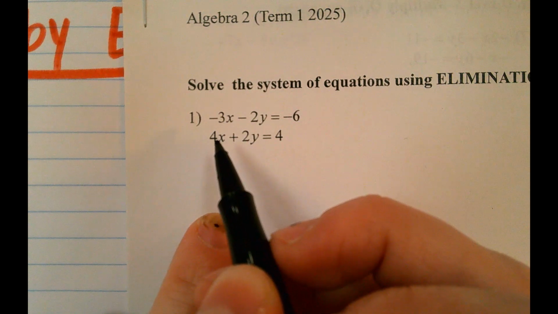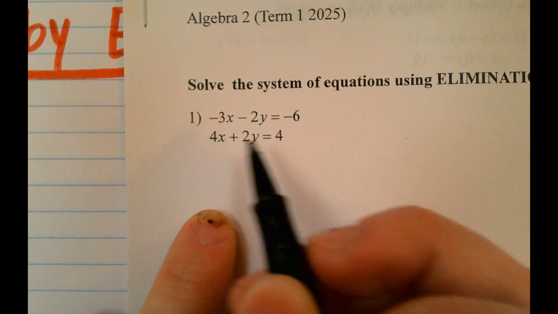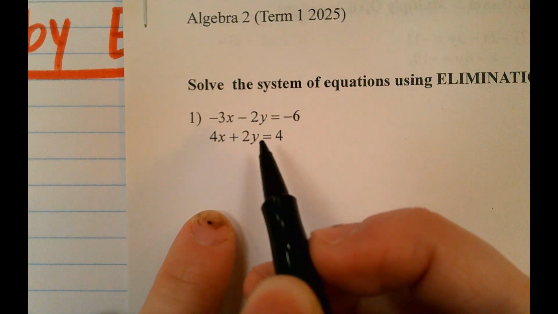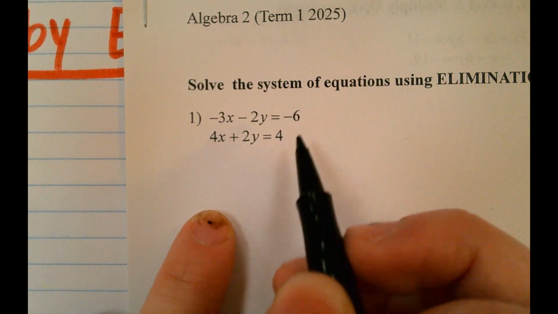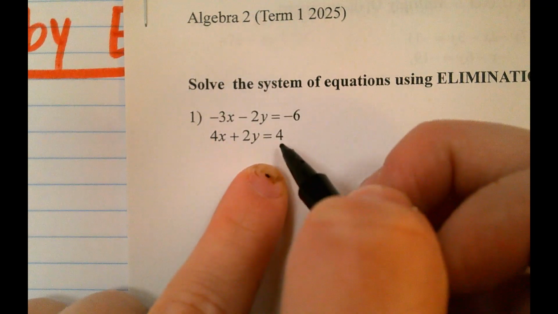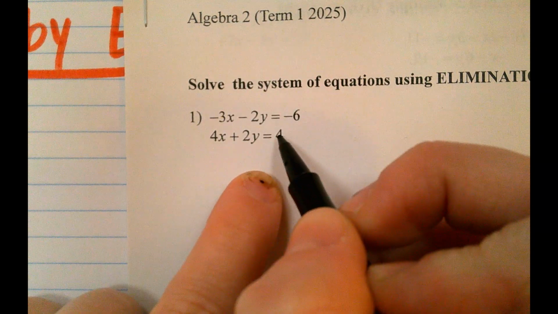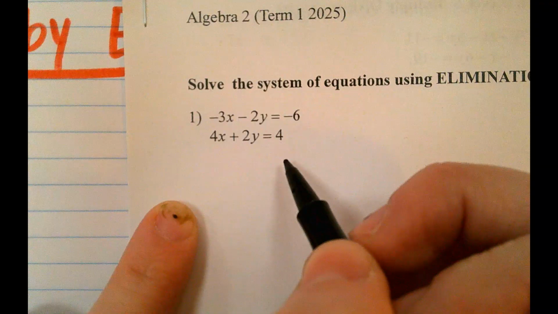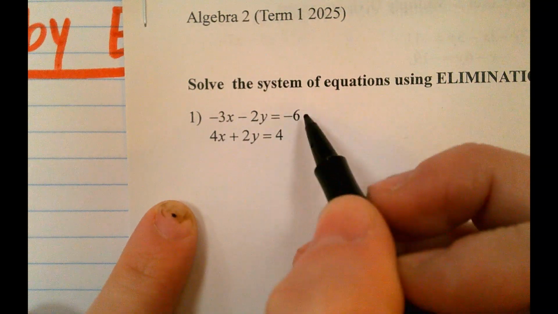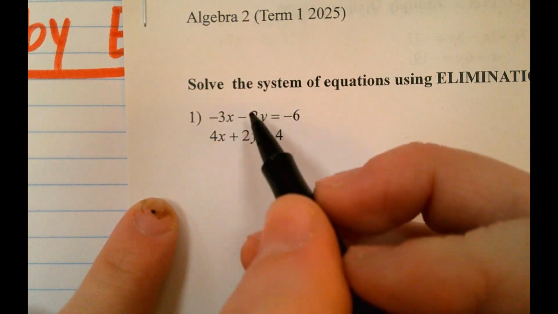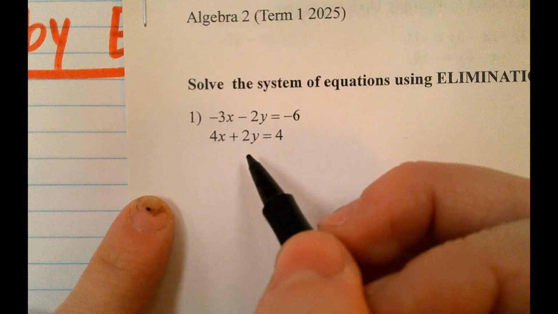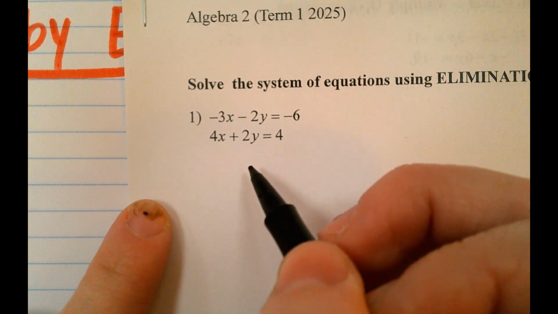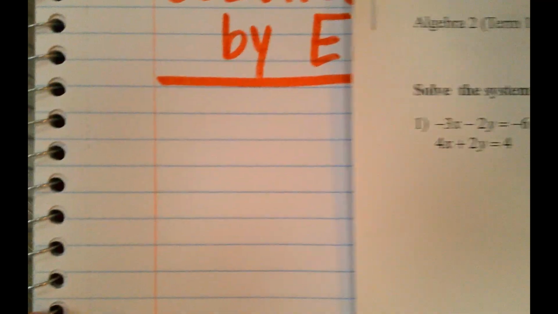And I see right here 4x plus 2y, that's a value, equals 4. 4 is a value, so stay with me here. But doesn't that mean that 4 is the same thing as 4x plus 2y because of that equal sign? So if I add 4 to this side and I add 4x plus 2y to this side, I'm technically adding the same thing to both sides, right? Okay, so I'm going to rewrite this problem.